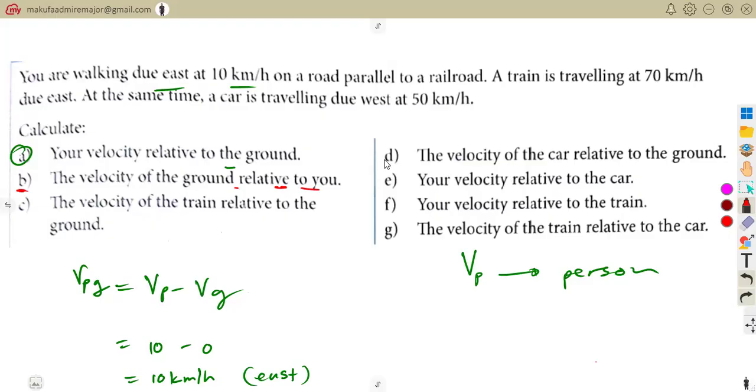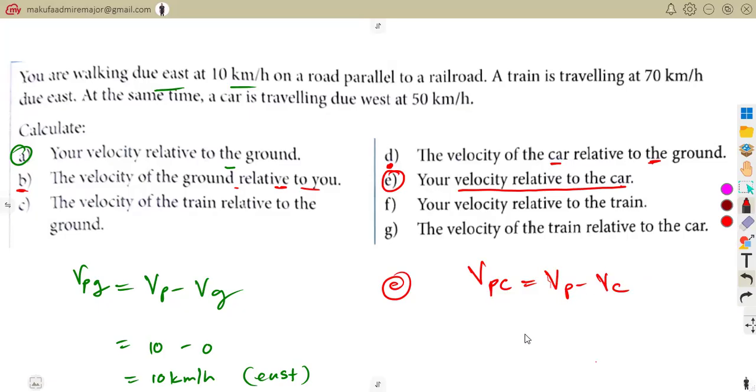What about this one? The velocity of the car relative to the ground is clear. I need your velocity relative to the car. So it's going to be VPC, since P is our person and C is our car. We're going to say VP minus VC.